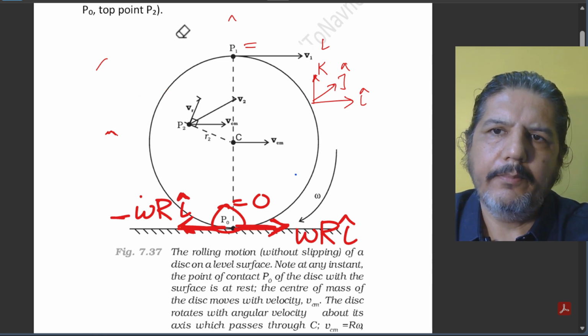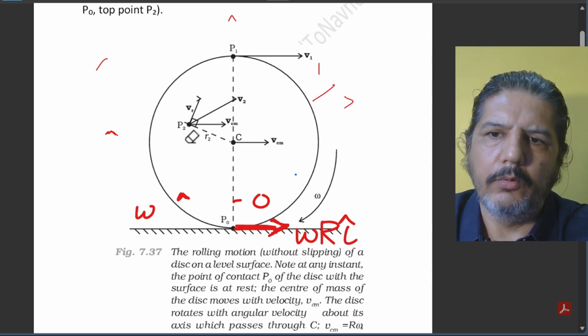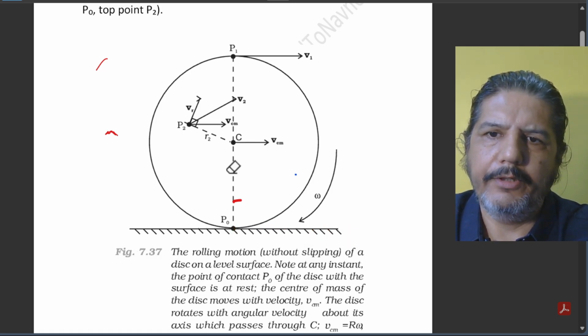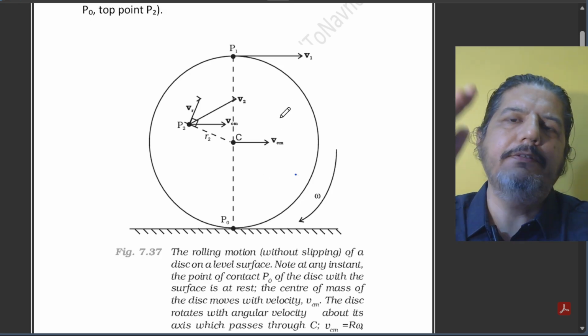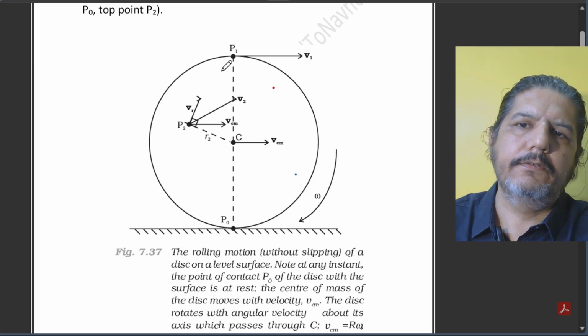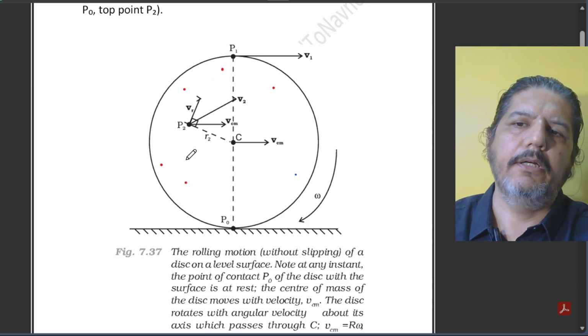Let me recap what we have discussed till now. See, what we have discussed till now is that VCM at any point on this would remain the same. It will not change.